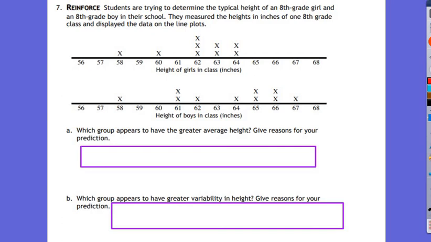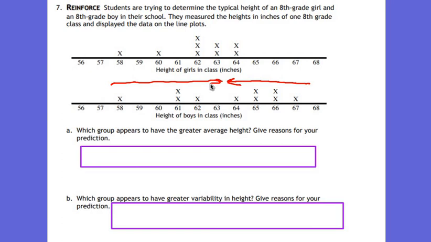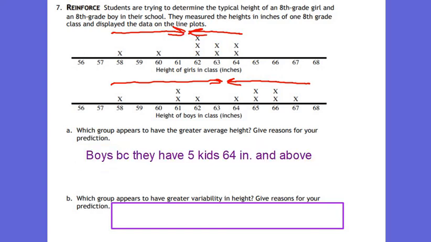The boys have more people that are taller, so that's making our average start meeting in the middle about right there. The girls start meeting in the middle about right there. So who has the greatest average height? The boys, because 5 of the kids total are bigger than 64 inches, when the girls only had 2 that even reached 64 inches. So it was definitely the boys.